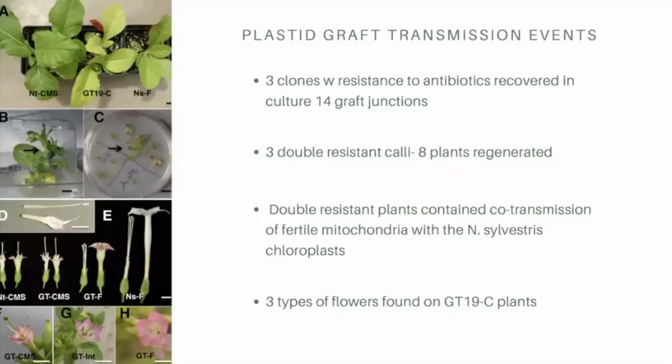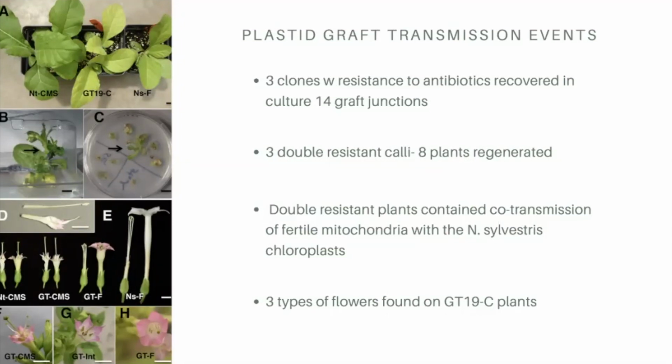So next, I'm going to be going over some of the results, which include plastid graft transmission events, recombination of mitochondrial DNA, as well as the expression of ORF293, which correlates with homeotic conversion of anthers. So a bit of background information. The CMS N. tabacum graft partner, labeled as NTCMS, carried a nuclear kanamycin resistance gene.